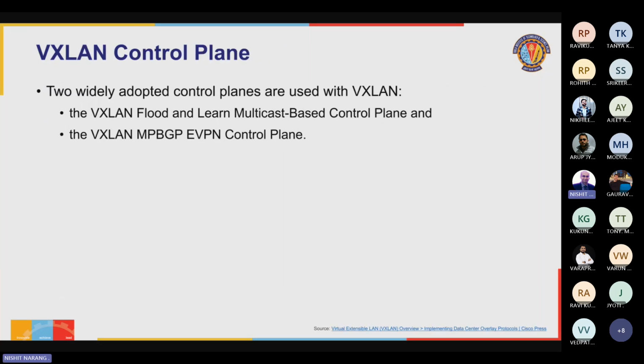So in very simple layman terms, VXLAN control plane is a method for VTEPs to exchange amongst themselves information about which destination nodes, and these nodes in a cloud computing environment are actually going to be VMs or some VNFs, virtual network functions. They are virtualized machines or virtualized network functions.